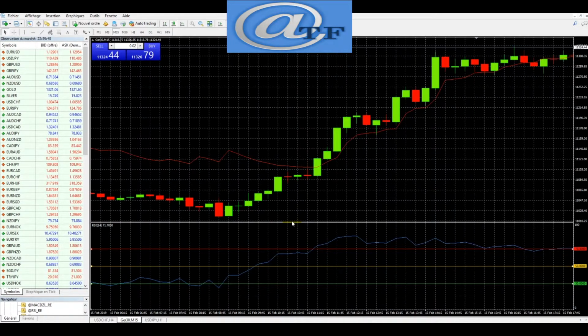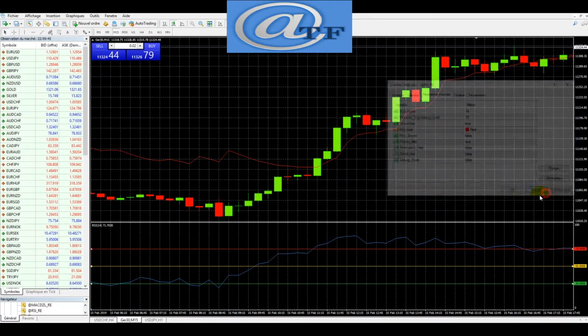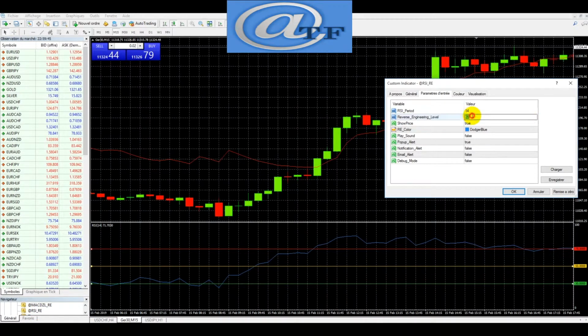As another example, you probably know a strategy based on another RSI level, for example, the middle. So you can modify the level you want to survey, or you can add another instance of the indicator specifying the middle zone, the middle area, and then another color.